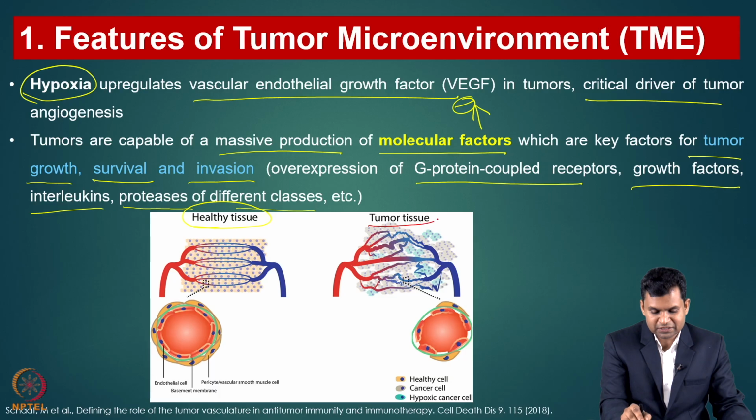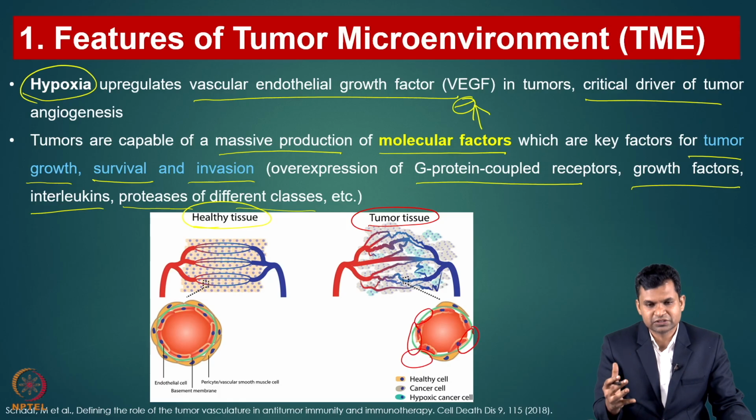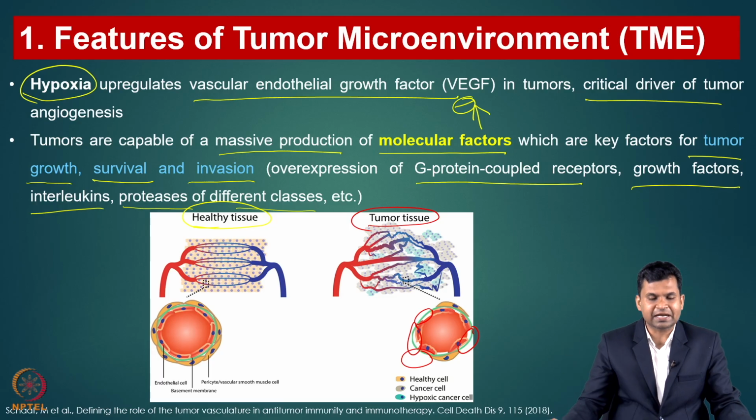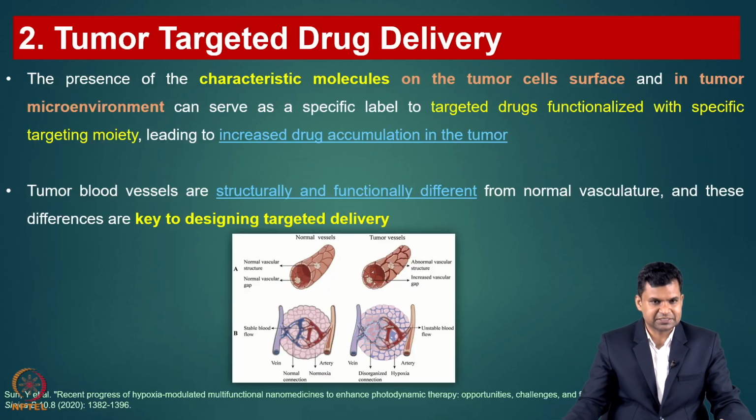Whereas in tumor cells, we will see there is a disturbance in the blood flow, damage in the blood vessels, and disturbed endothelial cells. With this, people have utilized this and converted drug delivery systems into active and passive targeting systems to reach the cancer cells.